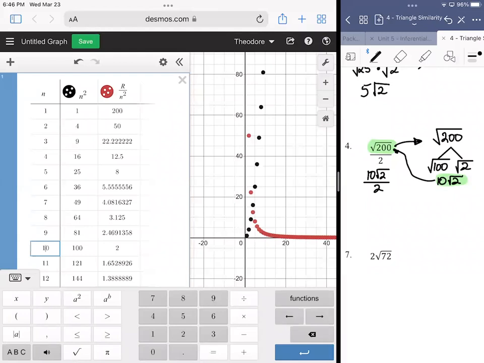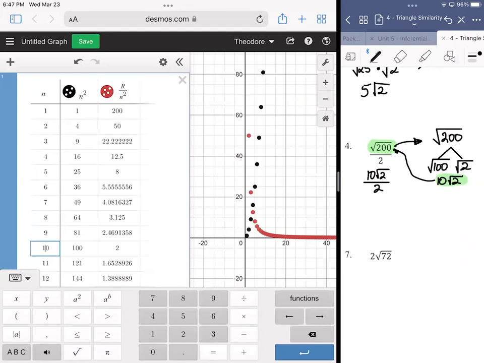Simplifying fractions is also a skill that's going to work its way into this. So you look at the 10 and the 2, you can ignore the radical. The radical's already been simplified. If I look at just the 10 and the 2, what would I get if I simplified that?